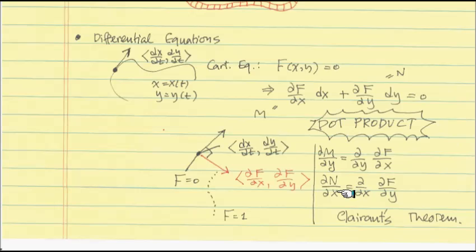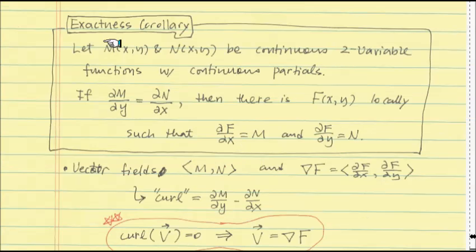Then the exactness corollary allows us to conclude that if these two things are equal to each other, there is actually this two-variable scalar-valued function f set equal to 0. So that's this statement. Okay, so we conclude there is this f in this corollary. But Clairaut's theorem starts with an f and shows this is satisfied, so it's a back and forth. So the converse of this one is also true.